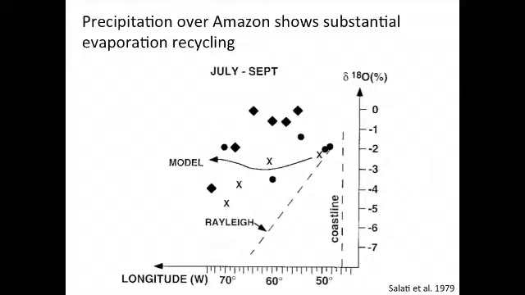The measured values show a much shallower slope, suggesting that a lot of the water that falls in the Amazon basin moves right back into the atmosphere, oftentimes causing no change in the isotope ratio value for oxygen across that longitudinal gradient. And in fact, moisture is recycled multiple times as air masses move across the Amazon basin.